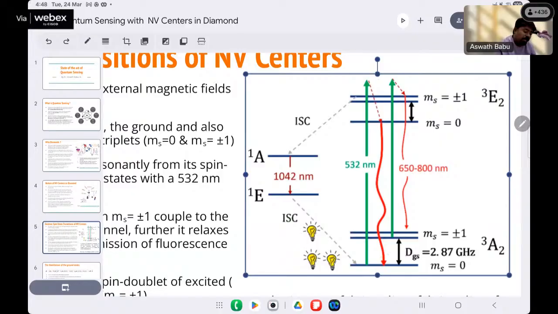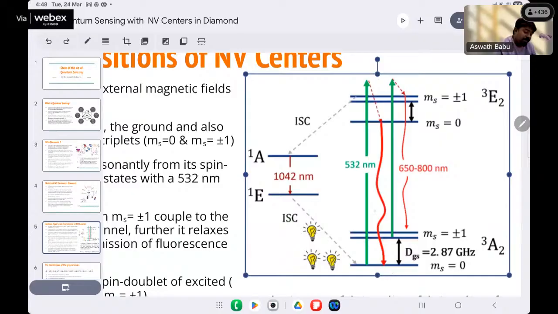Now you see, whenever there's a hyperfine splitting, if I introduce a green light onto the system, it will absorb the green light, and it will emit the red light. So, in a way, it becomes a nice strategy for us to know whether an external magnetic field has acted on the NV center or not, just by incident green light. If the red light comes out, then we can say, yes, there is a hyperfine splitting.